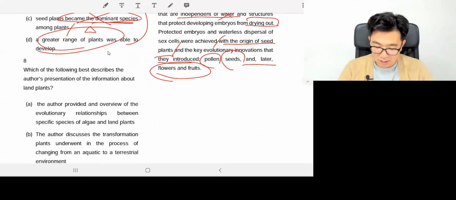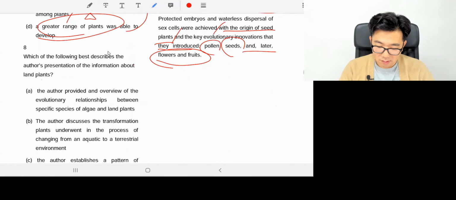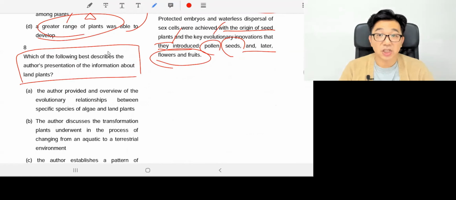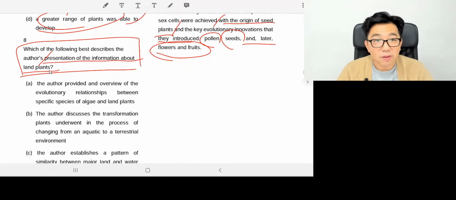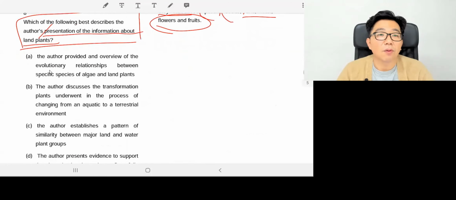It deals with the whole passage as one thing. So let's really think about this. Good question though. How does the author present the information about land plants?